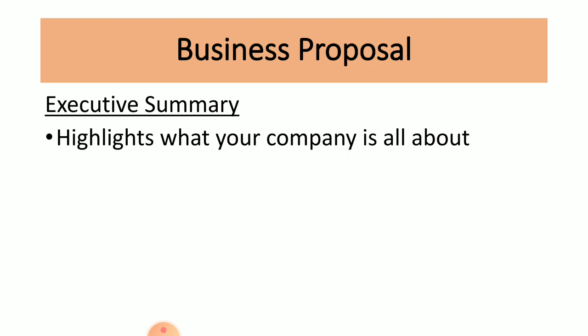So we have the services it provides, how it differs from others. So this should be your selling point. Think of an added value that you or your company can offer that will make it outdo the other organizations of the same nature. After the executive summary, proceed to the problem statement.